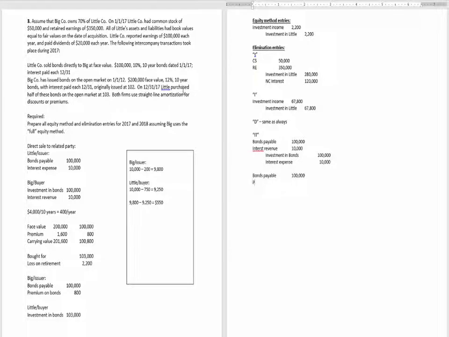We're going to debit premium on bonds, the remaining balance there, $800. And we're going to credit investment in bonds. Now, of course, the problem here is that this entry doesn't balance. We're missing $2,200 on the debit side, and that missing $2,200 is going to be the loss on retirement of the bonds.